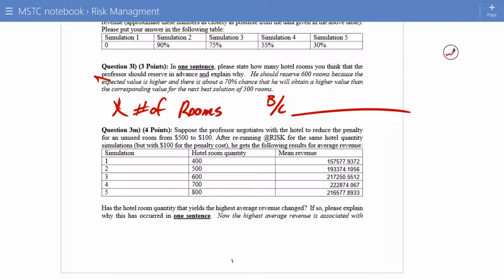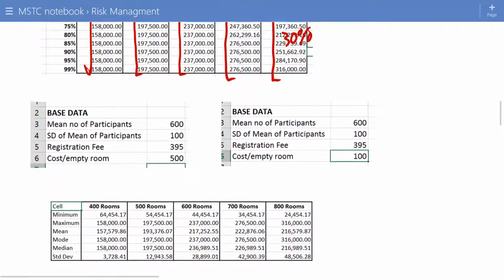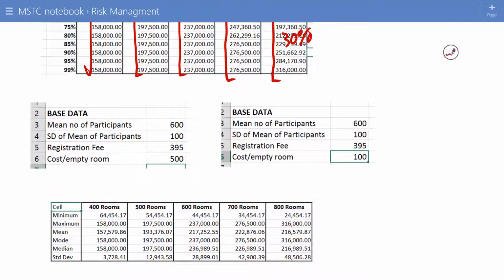The next question. He negotiates with the hotel, and instead of a $500 penalty, it's a $100 penalty for an unfilled room, and he's going to ask us some questions about that. The actual following results occur, in which case I can show you what it looks like. So in your original setup, you had a 500 here.